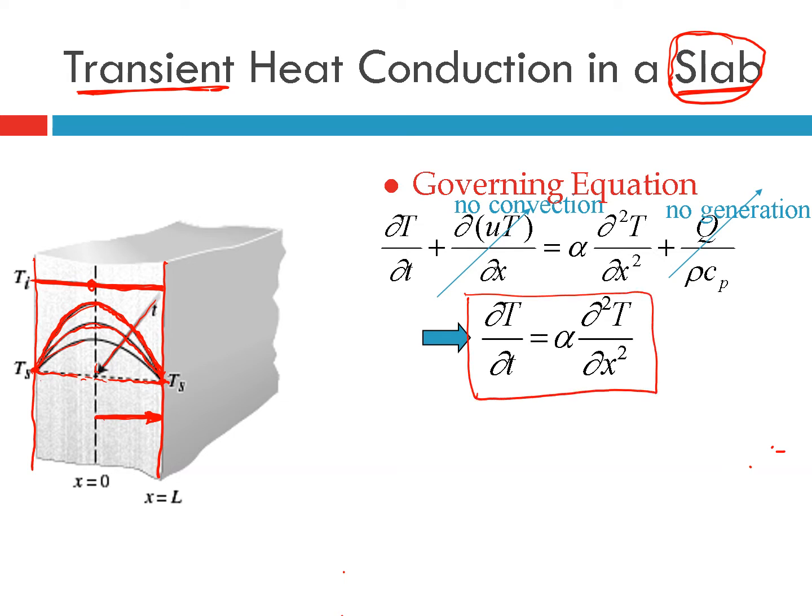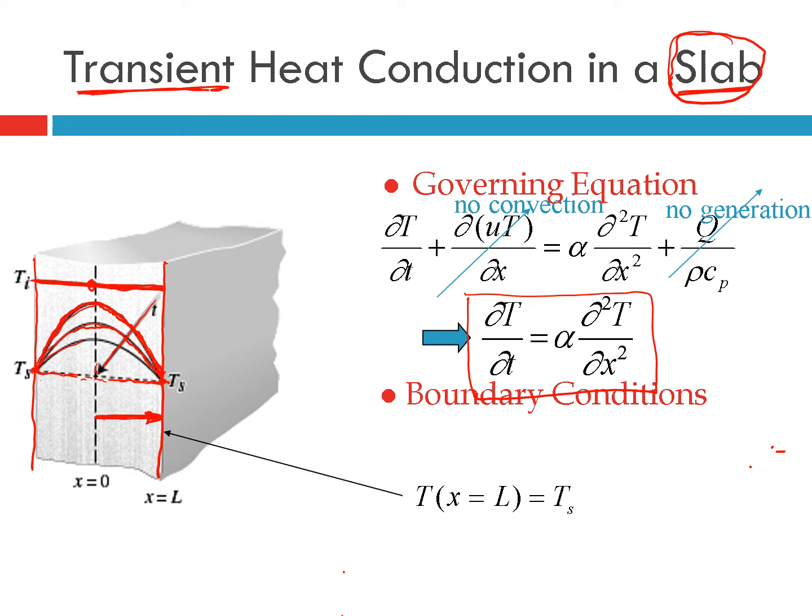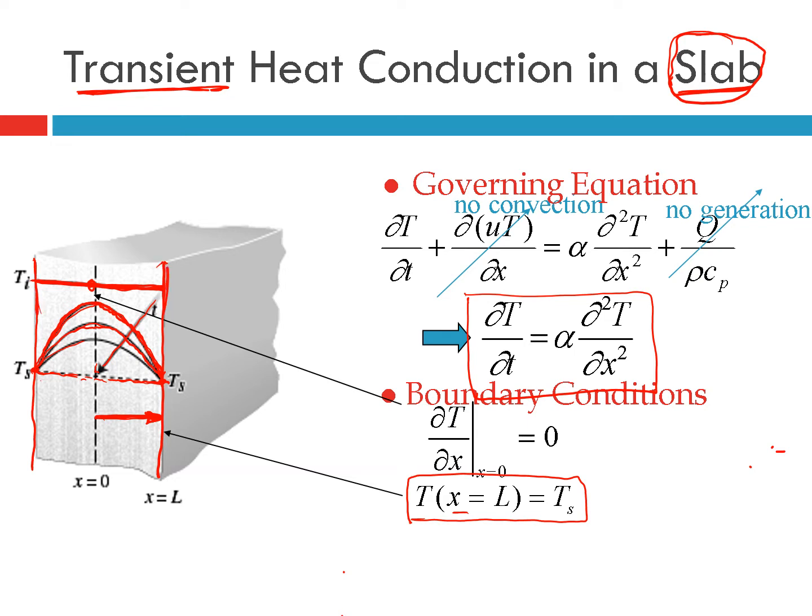Now, what are the two boundary conditions? One boundary condition is very simple: the temperature at x equal to L is Ts. The other one is that I am heating this symmetrically, so it's the same condition here as here.